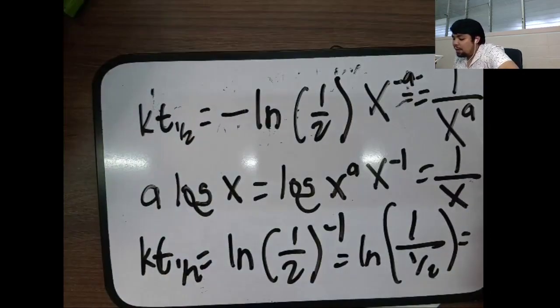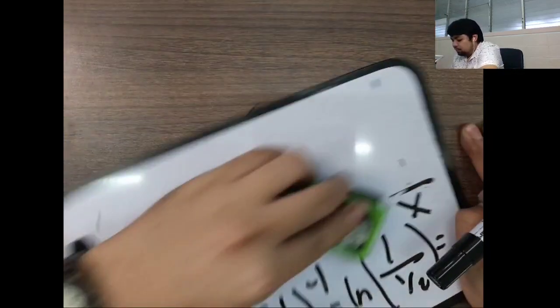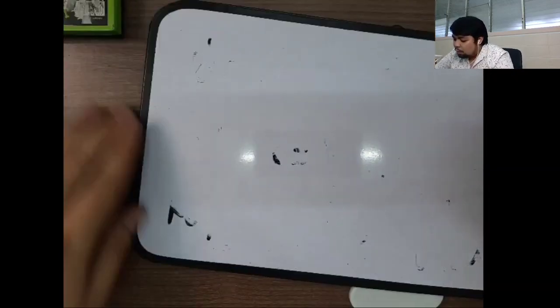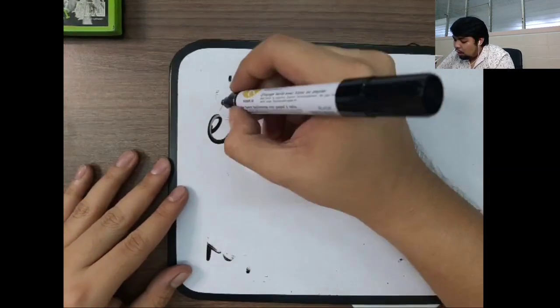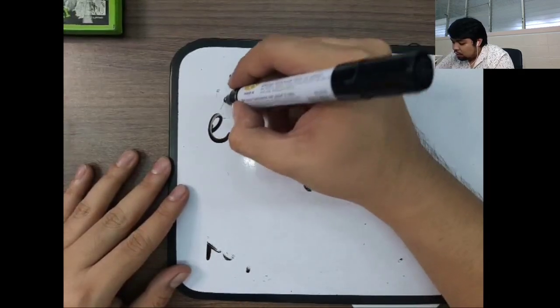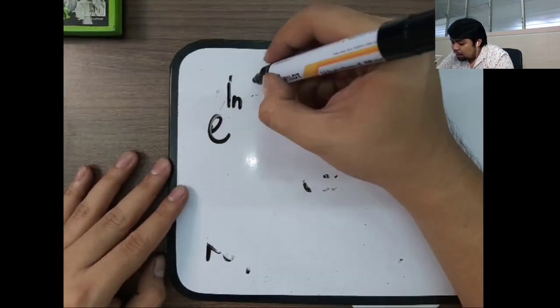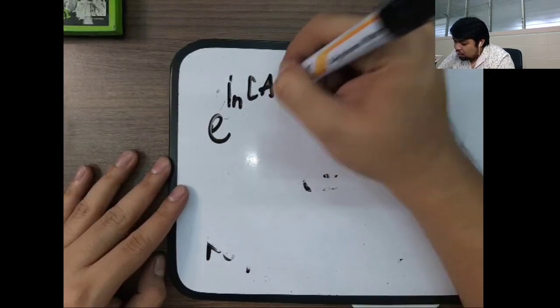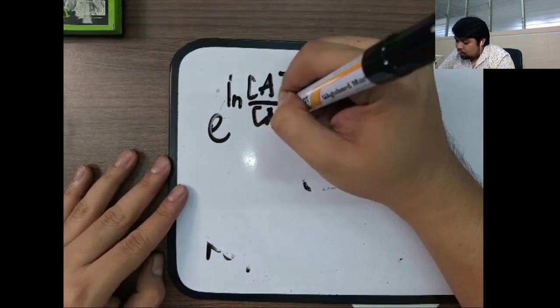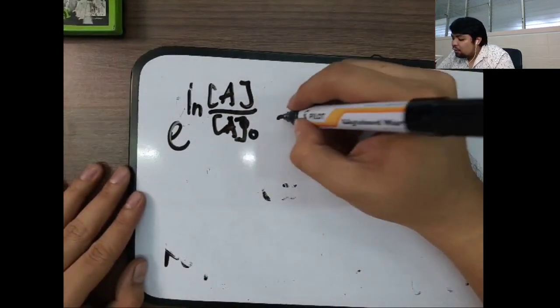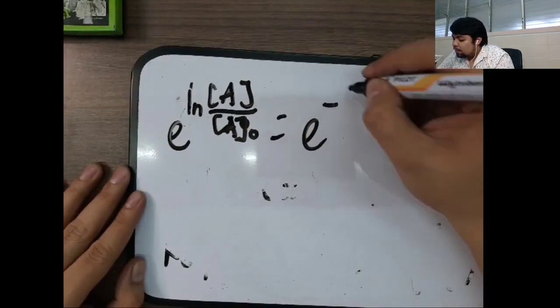So in our rate law, on one side of the equation, we just make it an exponent to raise it to the natural logarithm. And what you do on one side of the equation, you do on the other side.